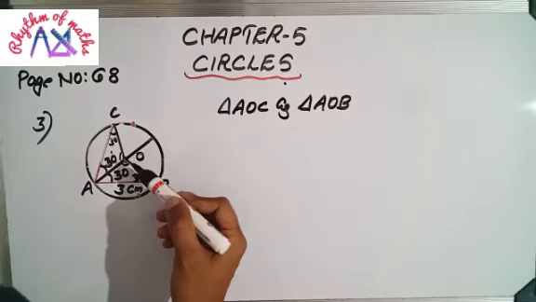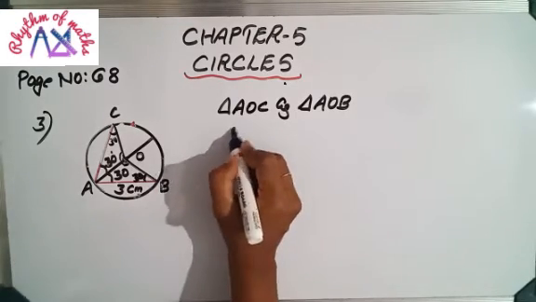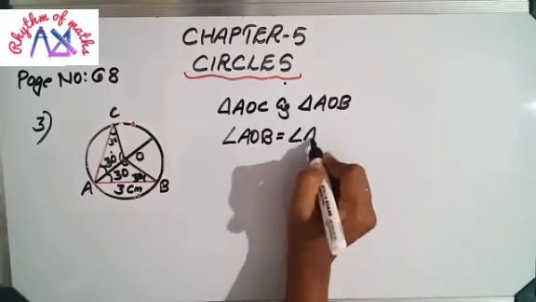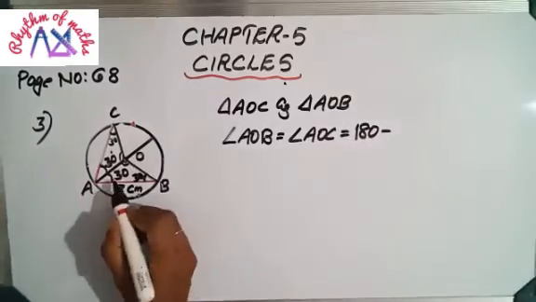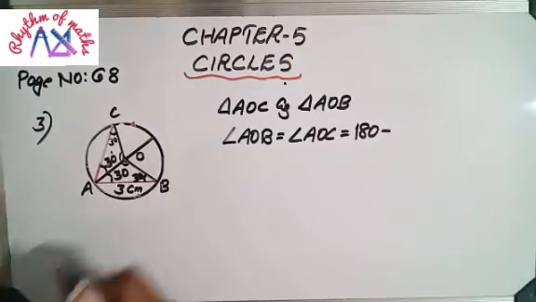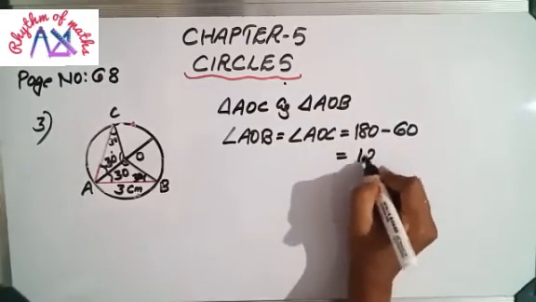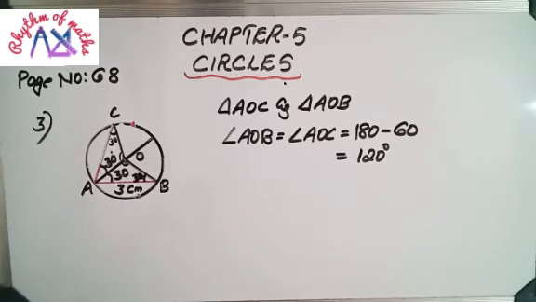Angle AOB equals angle AOC equals 180 minus (30 plus 30), that is 60. So the answer will be 120 degrees. So angle AOB and angle AOC are 120 degrees.